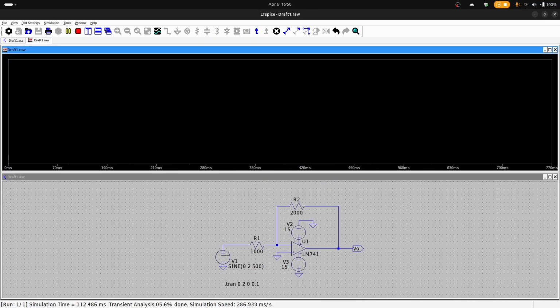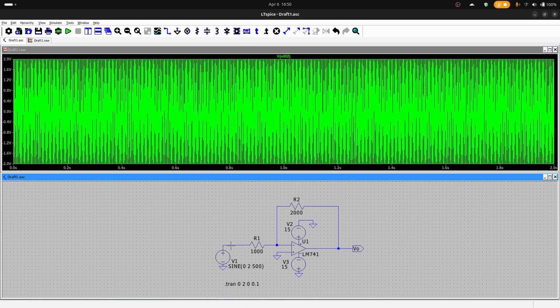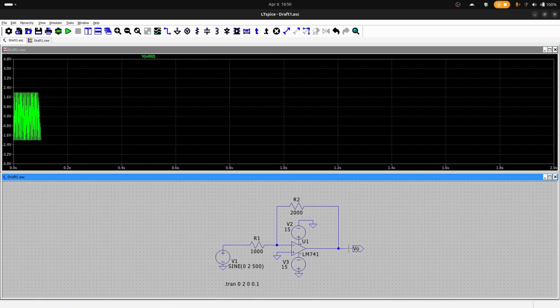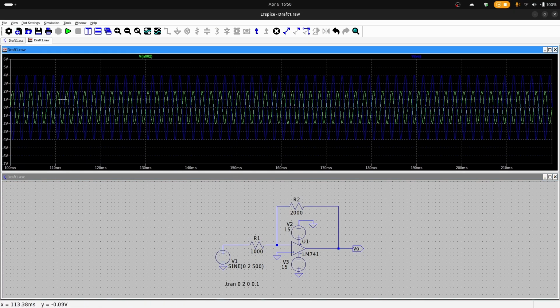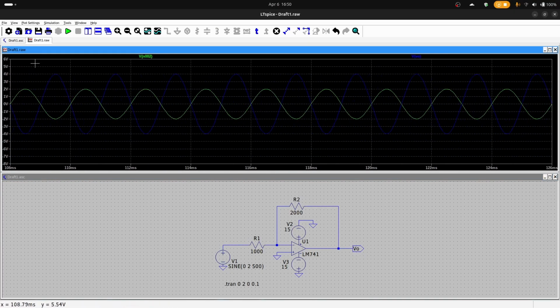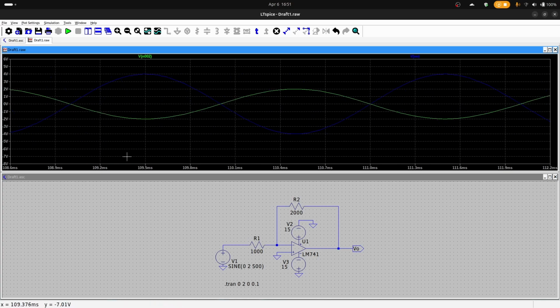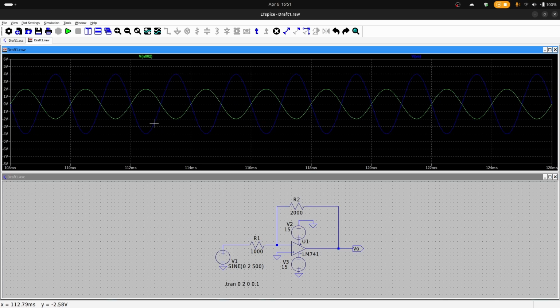Sometimes LTspice gives you the current simulations which you don't actually want. If we zoom in properly, this much would be great. This is better. So here you can see my input is 2 volts and my output is 4 volts.